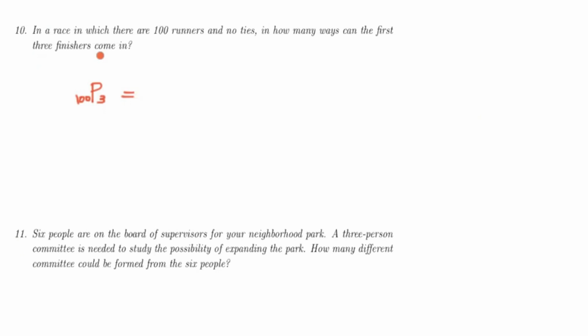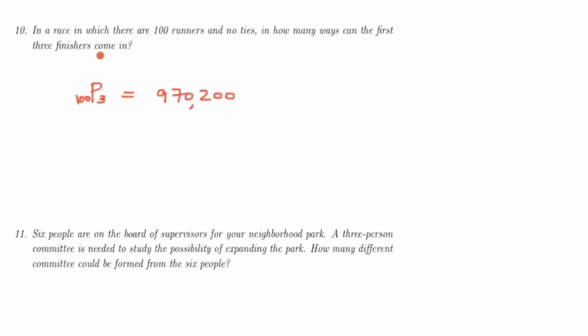You have 100 permutation 3. That's 970,200.